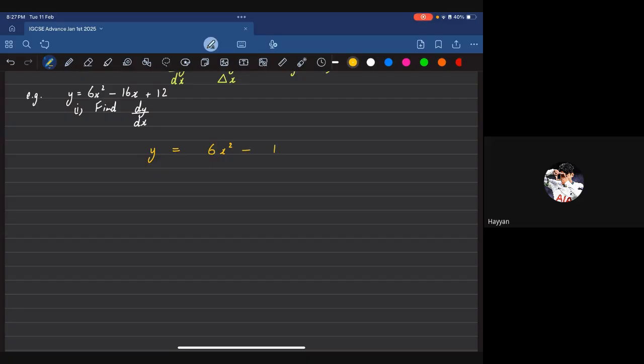Now, guys, I'm going to find the derivative. So it's going to be dy, which is change in y according to change in x. What you're supposed to do? Let's see. Rewrite the entire thing down.